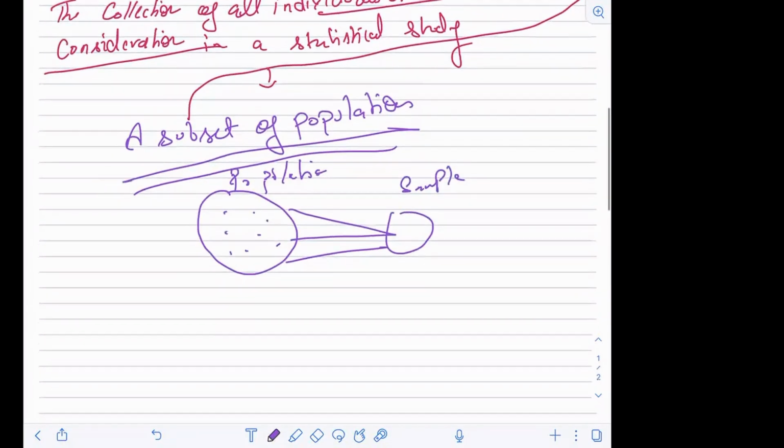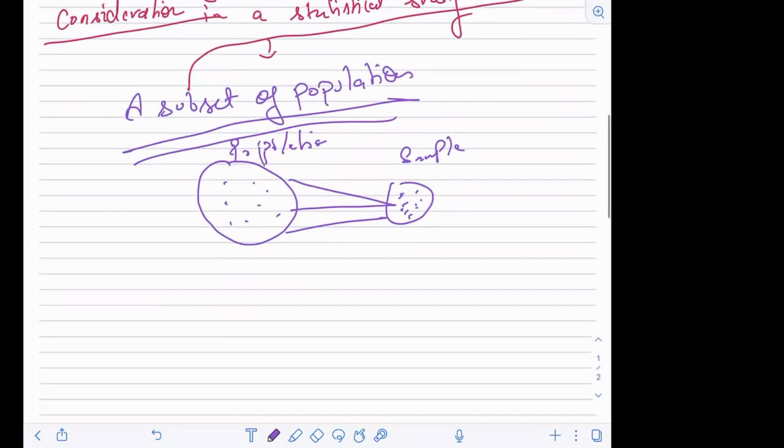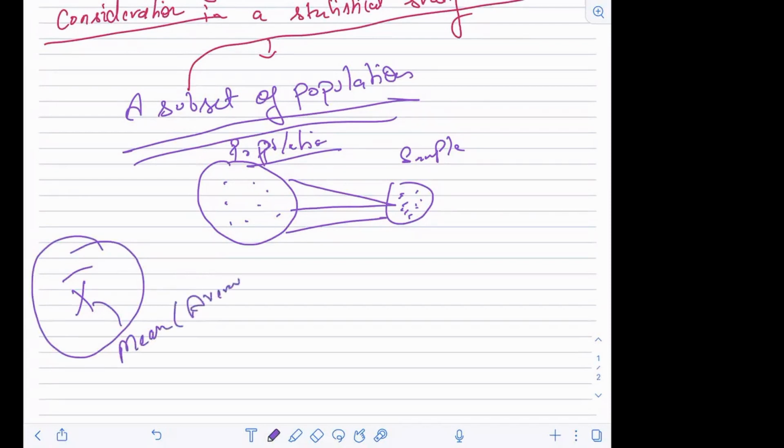Now the basic differences, or the technical differences, between population and sample. I hope you understand. I'm just writing fast. Let's say I need to know the average. Average, as you know, we define it as X bar, always X bar. X bar refers to the average, and we also call it the mean, and mean is our average, right?